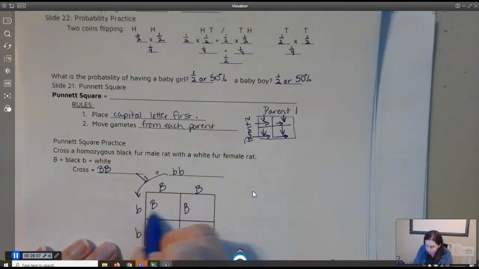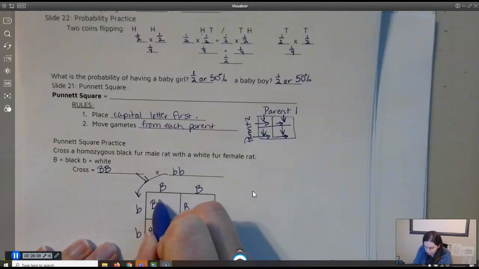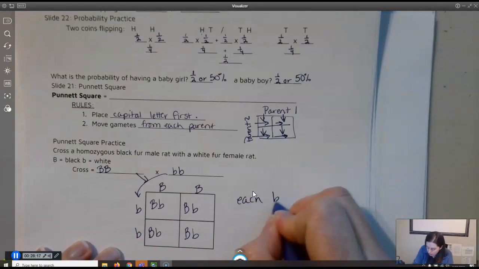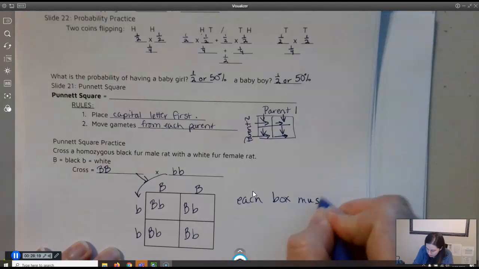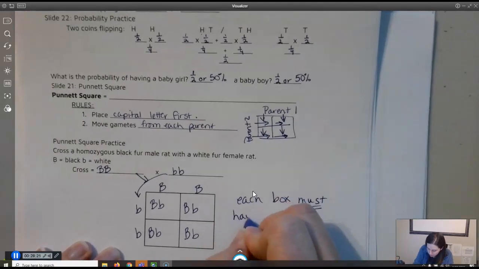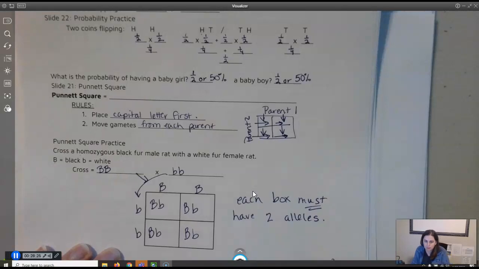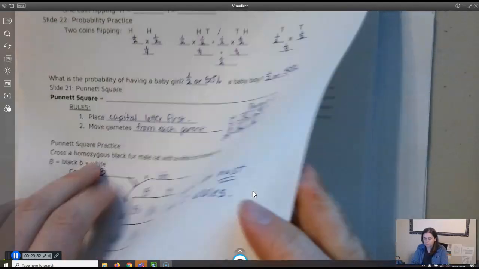Then I take my little b's and I bring those across to both, because each box needs to have 2 alleles. Okay? Each box must have 2 alleles. Can't miss that. Don't forget that. Okay? All right, so that's the first one.